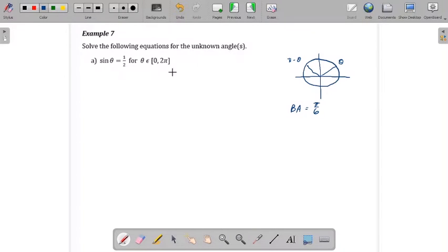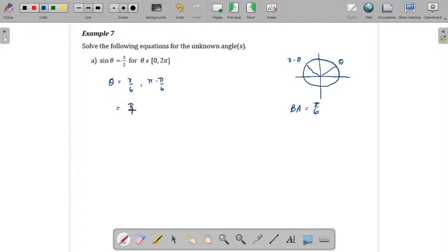So theta is going to be pi on 6 and also pi minus pi on 6. And so we simplify this one. We usually just separate our solutions with a comma. That is fine.